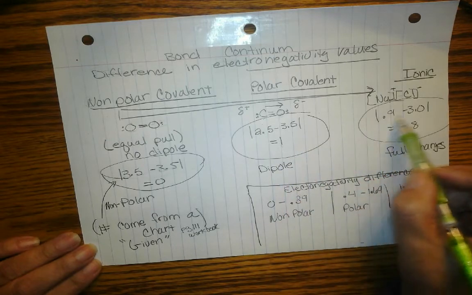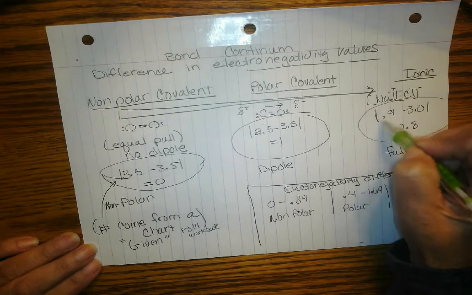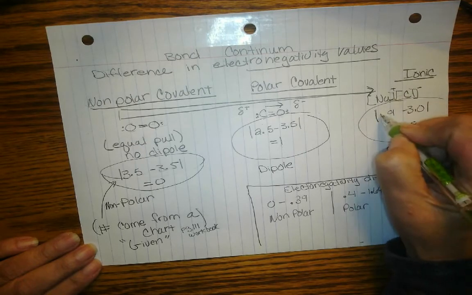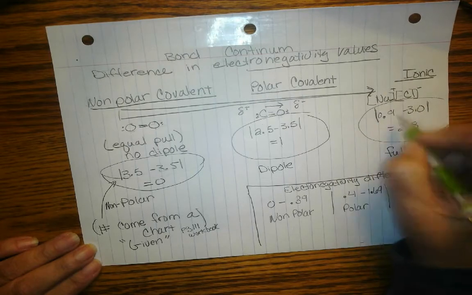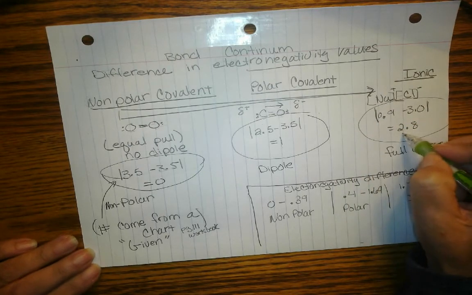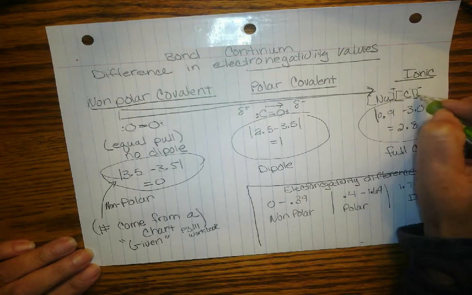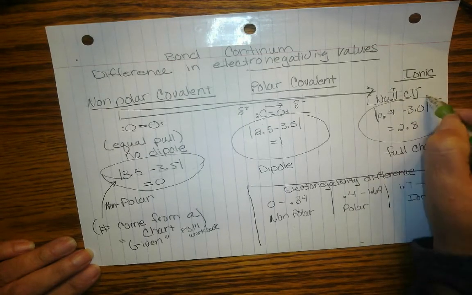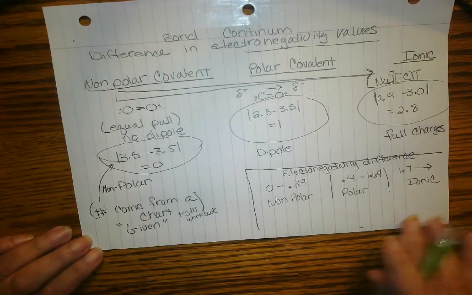Then I go all the way to ionics. So sodium has a value of 0.9, and this is a 0.9. That's not a 1. These are my absolute values. Minus 3 is an absolute value of 2.8, okay? And the chlorine pulls so hard, I actually get fully charged ions there, okay?